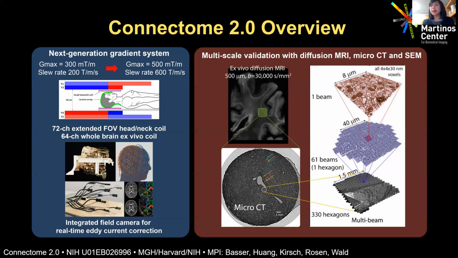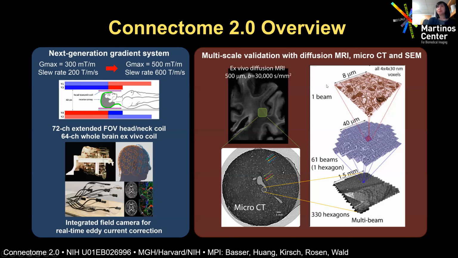And then finally, recognizing that all of these measures we're doing of microstructure are indirect, ultimately I think what will really drive the field forward is to be able to validate the findings that we're inferring from our diffusion MRI measurements, and to calibrate, if you will, our diffusion MRI measurements with orthogonal, ground truth imaging modalities of tissue structure.